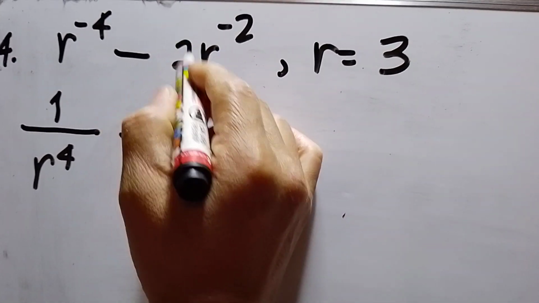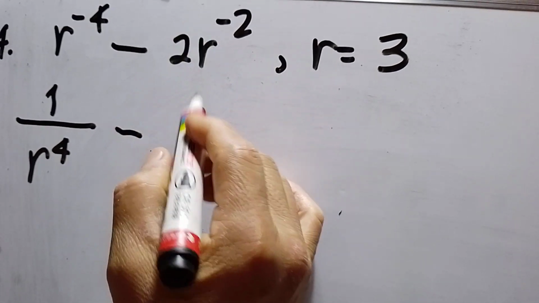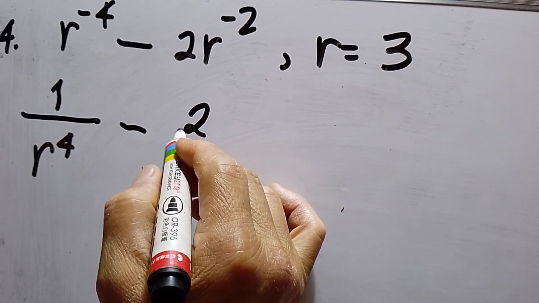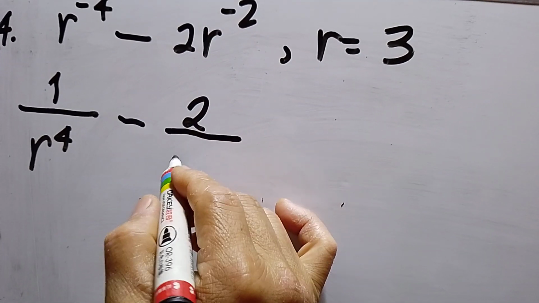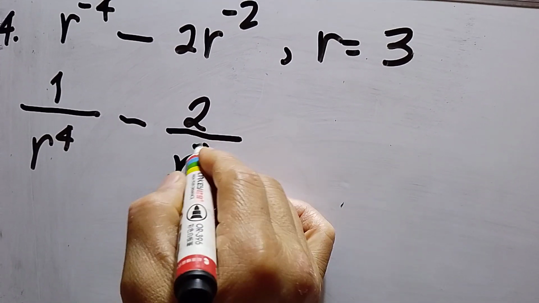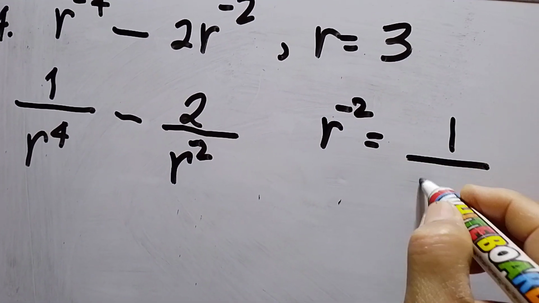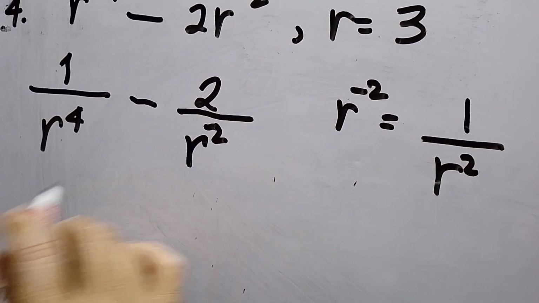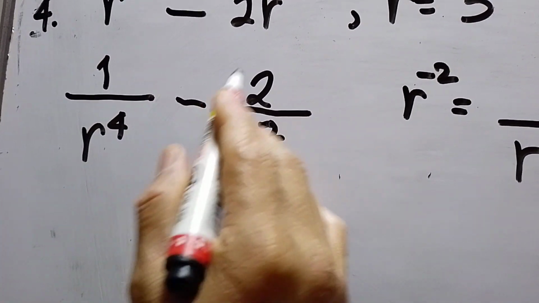Take note, 2 has only an exponent of 1 and positive, so it will remain in the numerator. Over R squared, because R raised to the negative 2 will be 1 over R squared. So this will be 1 over R to the 4th minus 2R squared.